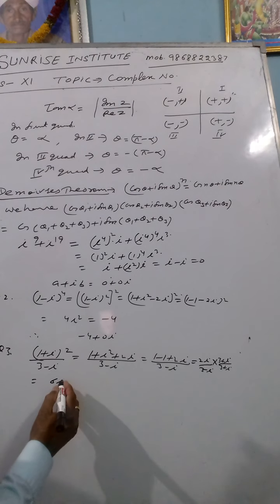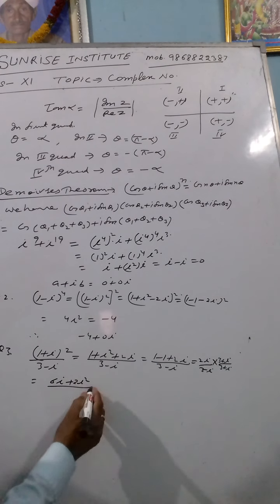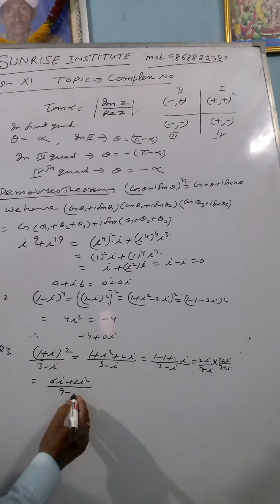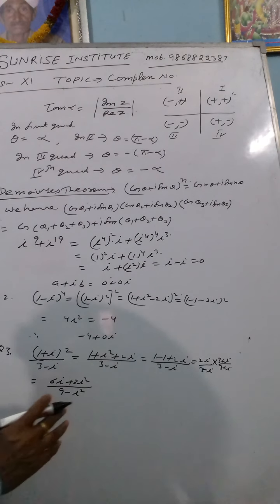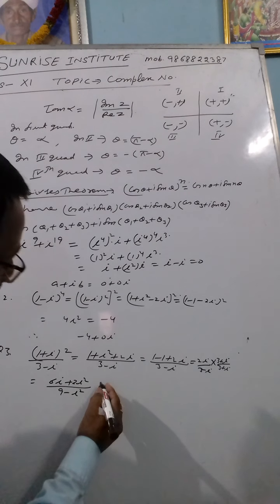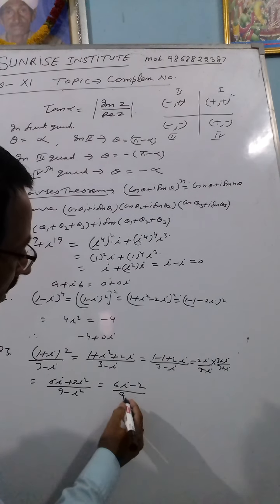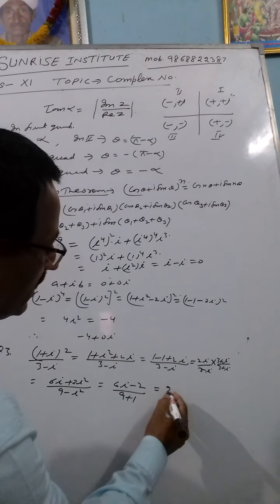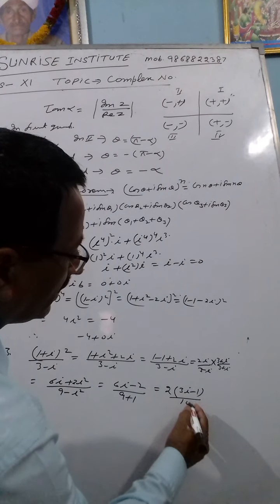Okay students, rationalizing, then we have 6 iota plus 2 iota square upon (9 minus iota square). Then we have 6 iota minus 2 upon 9 plus 1, that is 2 into (3 iota minus 1) upon 10.